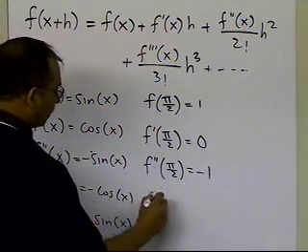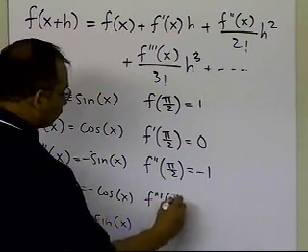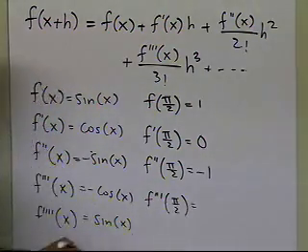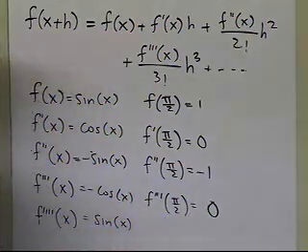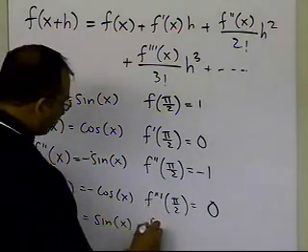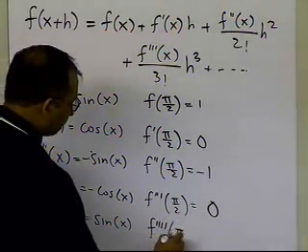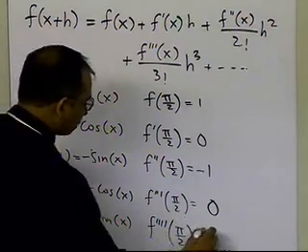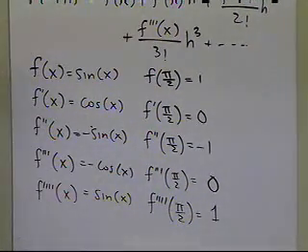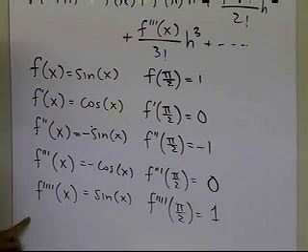The value of the third derivative at pi by 2, which is again minus cos pi by 2, will give me 0. And the fourth derivative of the function at pi by 2 will be equal to plus 1.